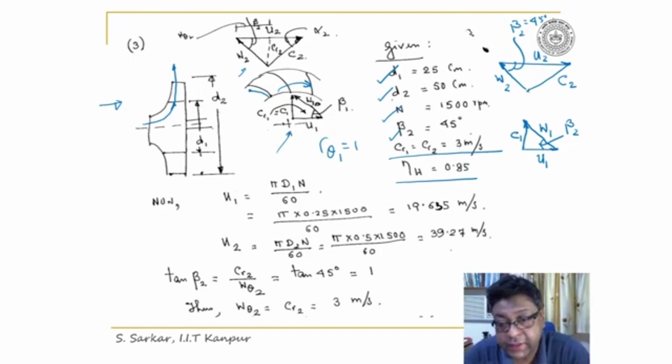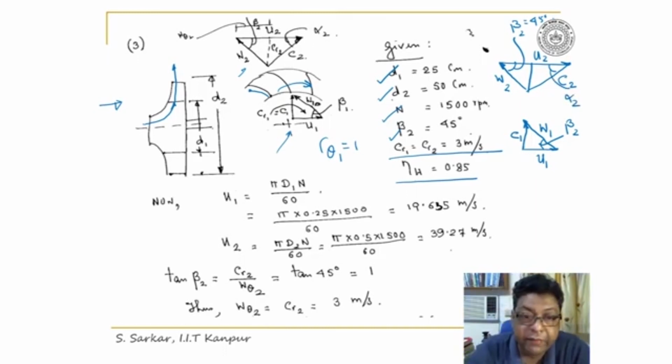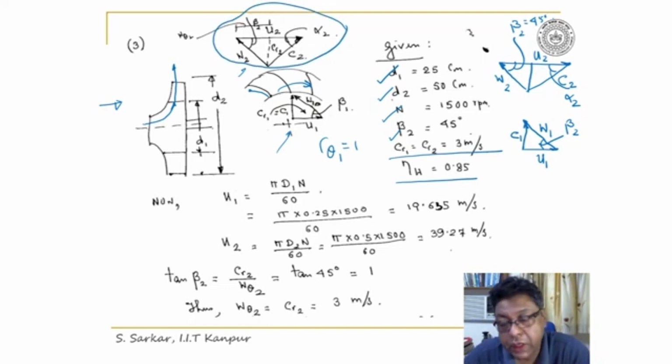So this will be CR, the radial component, that remains constant. This will be alpha 2, that I have drawn over here. Now, the tangential component of W2 would be W theta 2, as I am indicating here.